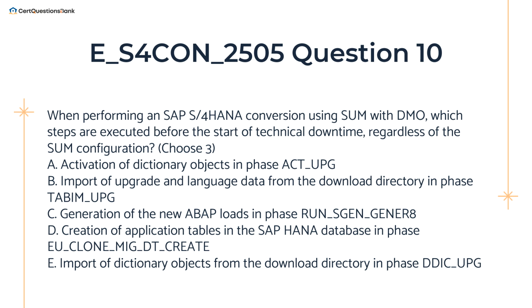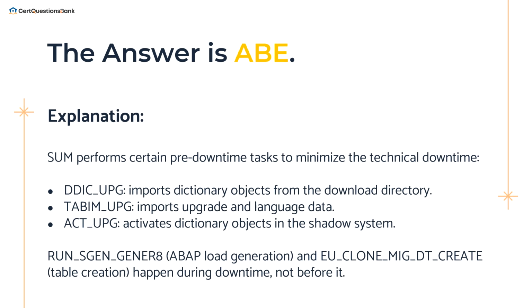C. Generation of the new ABAP loads in phase run_SGEN_GENER8. D. Creation of application tables in the SAP HANA database in phase EU_clone_mig_dt_create. E. Import of dictionary objects from the download directory in phase DDIC_UPG. The answer is AB.